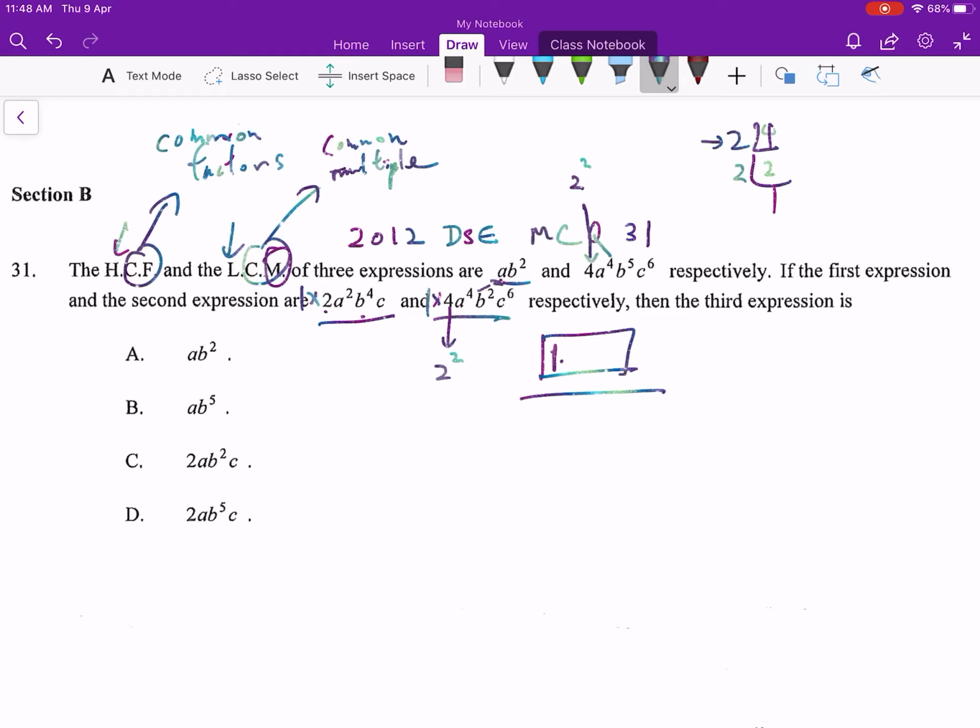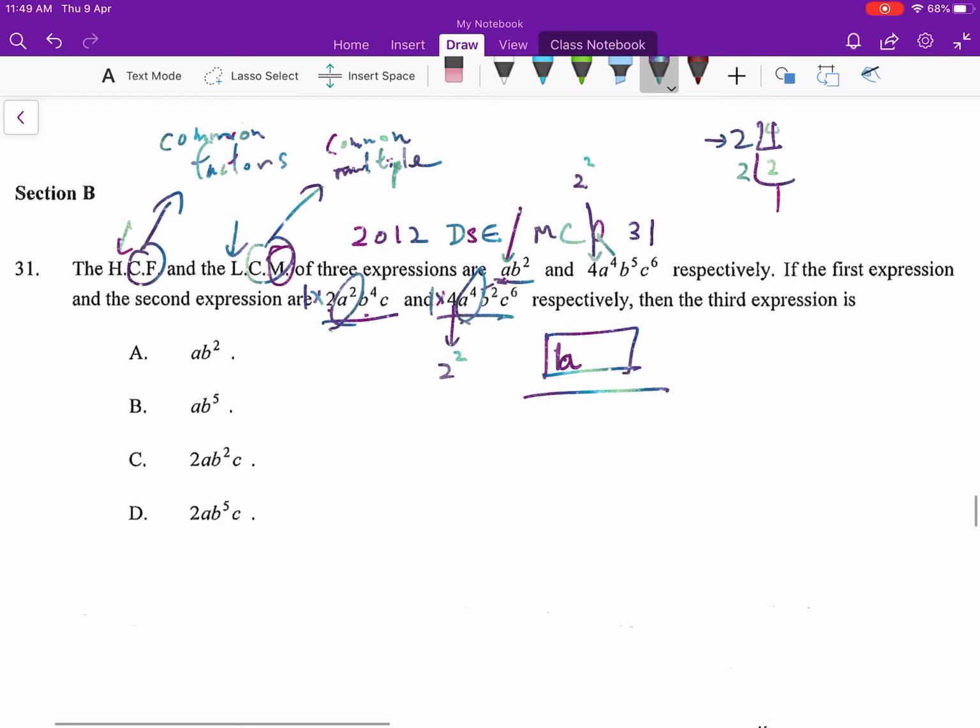Understand? So, how about the English letters? For the A, I can only take out the index 1 here. That means the common factor for the A is only A to the power 1. This is the common factor, okay? Understand? So, how about the next one? The next one is the B. So let's take a look.